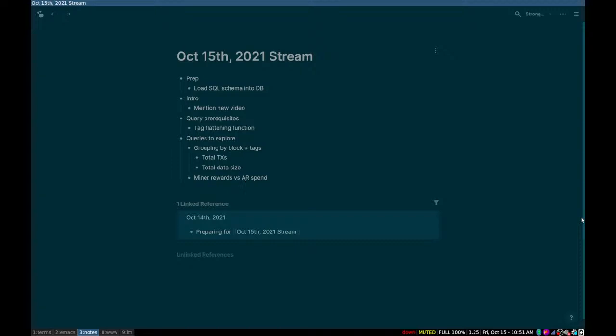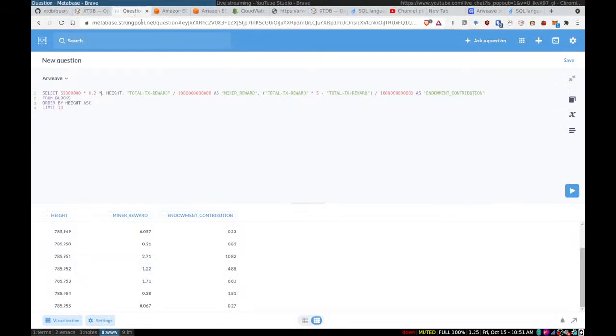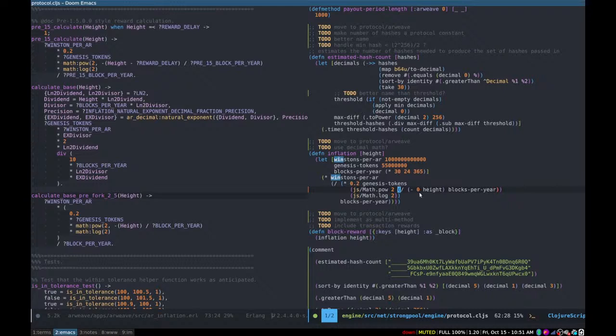Sorry, I'm doing a poor job navigating my screens here. So we got power 2 to the what? Zero minus the height. Actually, we can just do minus height.